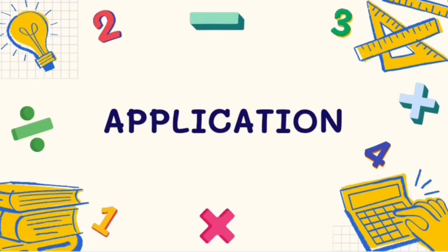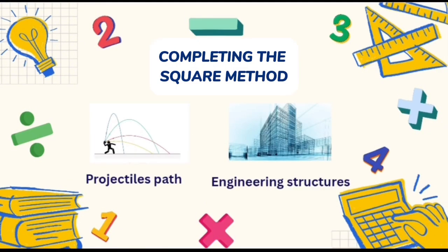So for the application of both of the questions we solved, we use 3 core mathematics tools to solve a complex engineering problem. First of all, we use completing the square to find the center and stability of the system, which is essential in physics for identifying the peak of a projectile path or the equilibrium of a structure.